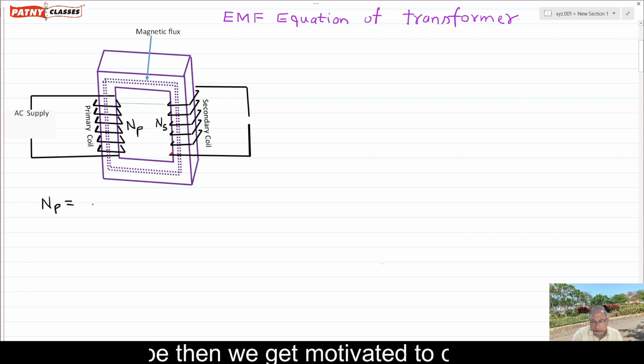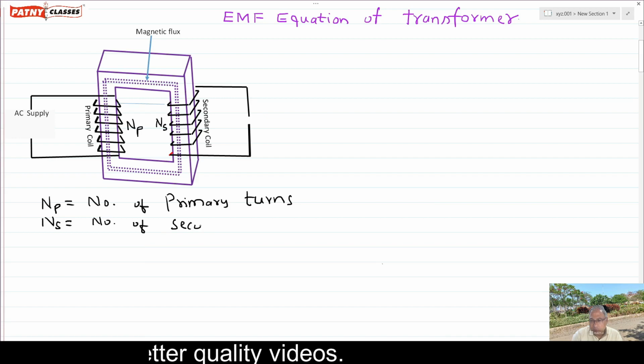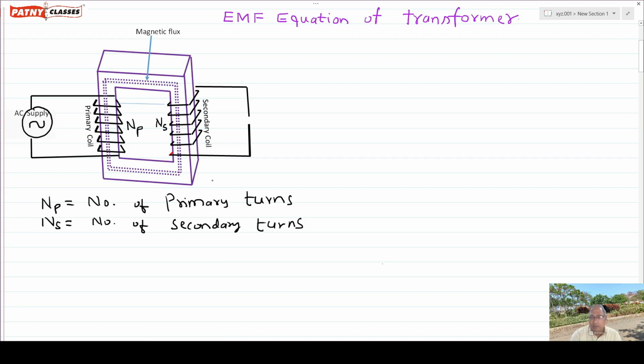NP equals number of primary turns, and NS equals number of secondary turns. This is the symbol of AC supply, and this is the flux. Flux is denoted by phi.